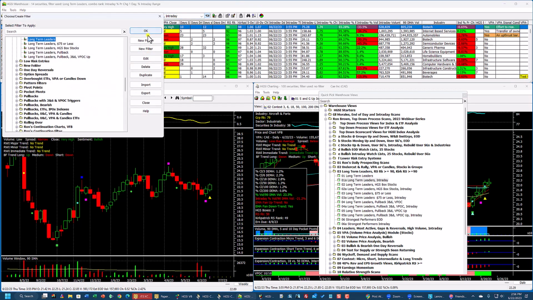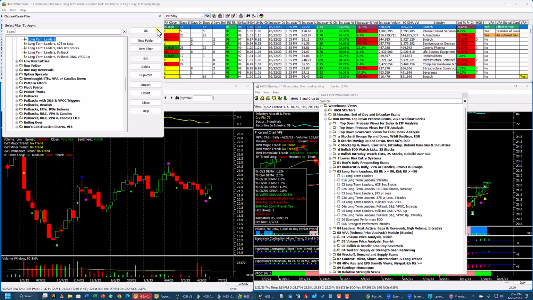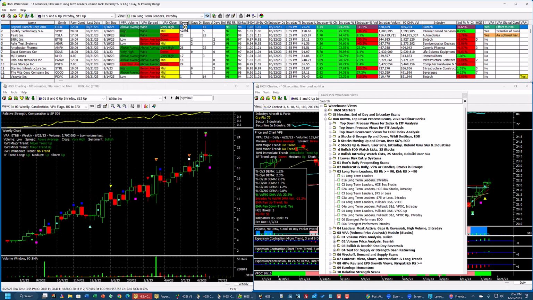Well, the way I've set it up on this is I'm looking for stocks that have both an ACSI RS rank of 90 and a Kirkpatrick. If they're both in there, this tells me these stocks are strong. And then I am looking for stocks that have outperformed the S&P over the past 21 days. So this gives me leadership stocks.